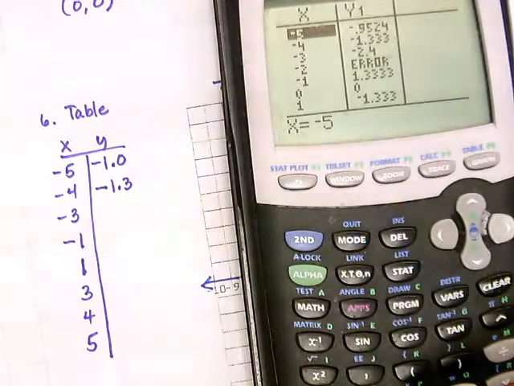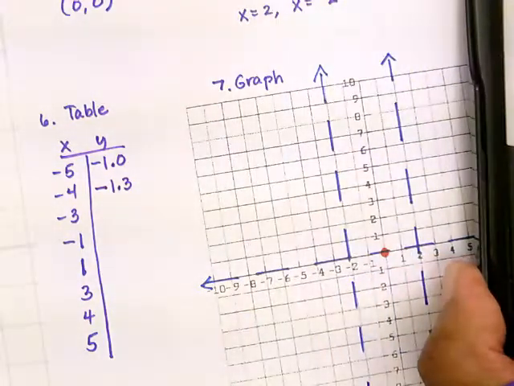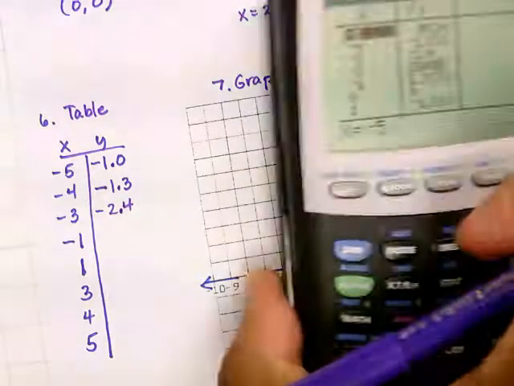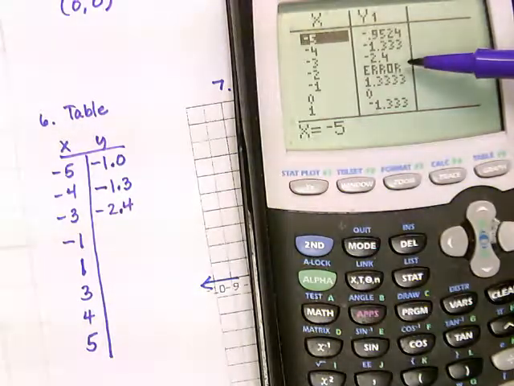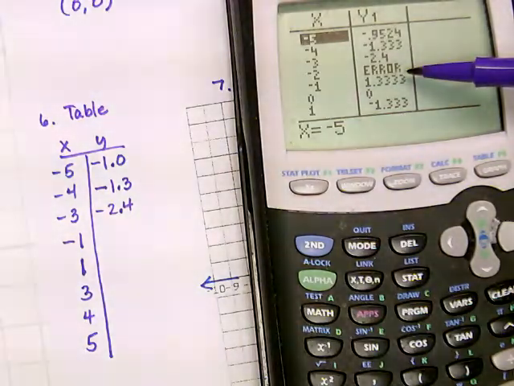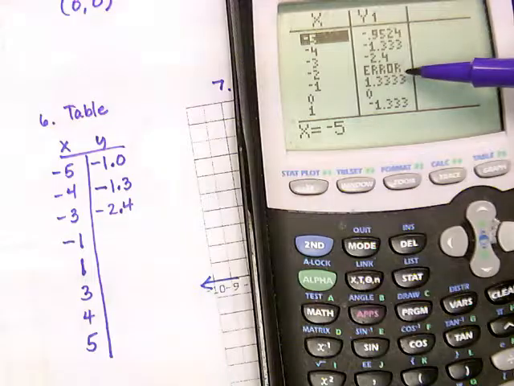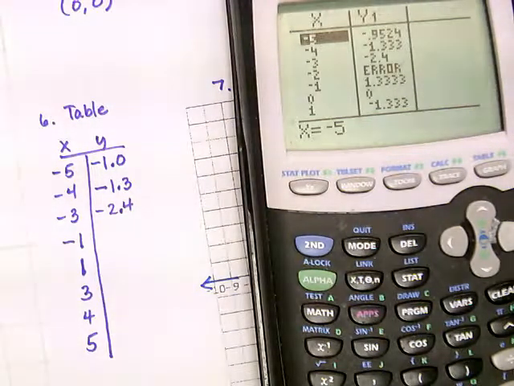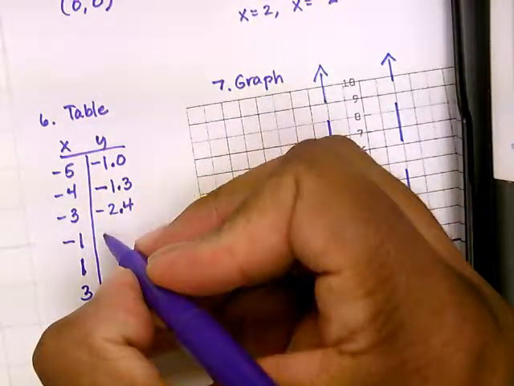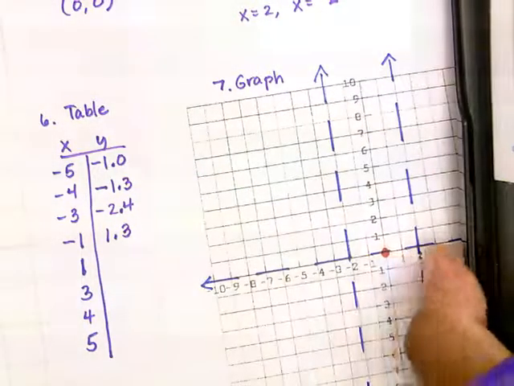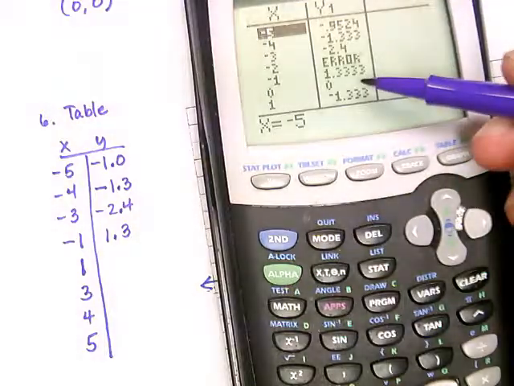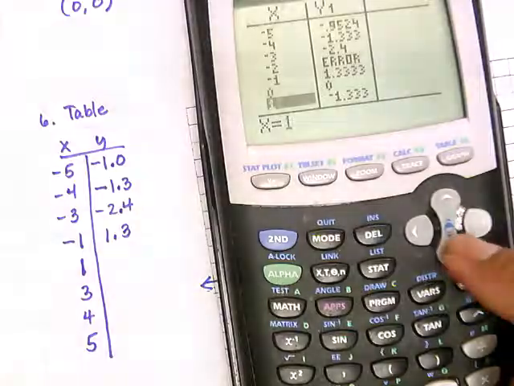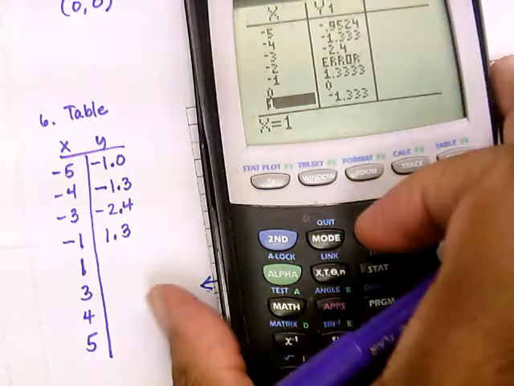For x equal -3, it'll be -2.4. Now at -2, it says error. That's one of your vertical asymptotes, because at -2 you would get a 0 in the denominator. Now for -1 to 1 decimal place, it'll be 1.3. And for 0, 0, that's your x and your y intercept. And then for 1, that's -1.3.